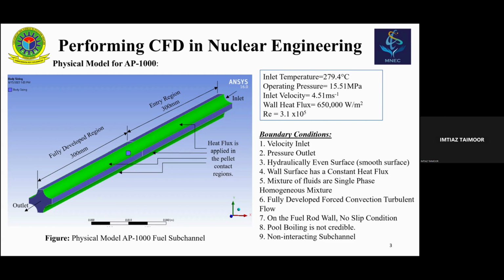But in my ANSYS, I have taken a smaller subchannel length. Why didn't I take this 3.58 meter, that is the real length of a commercial reactor fuel subchannel? Can anyone please tell?